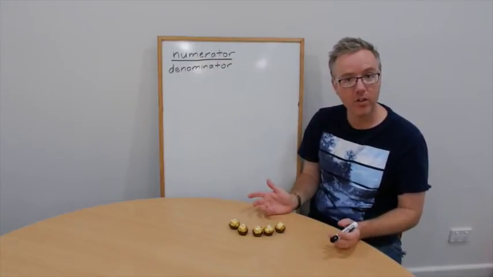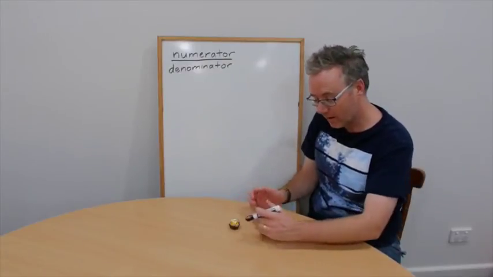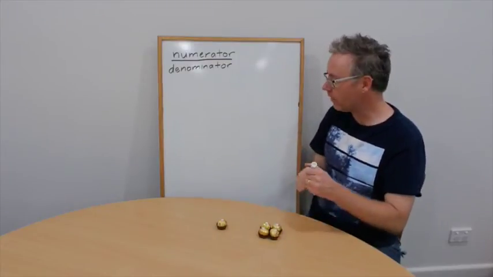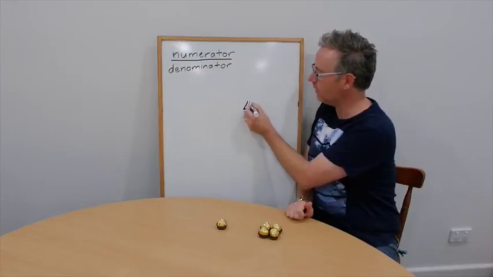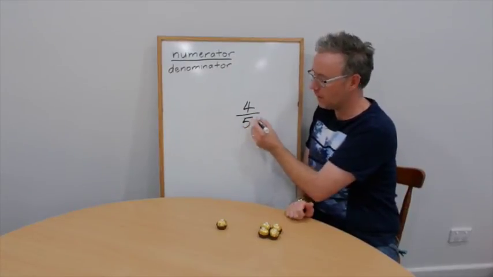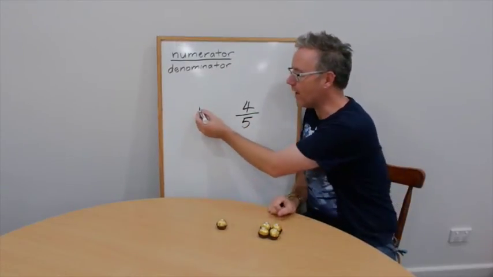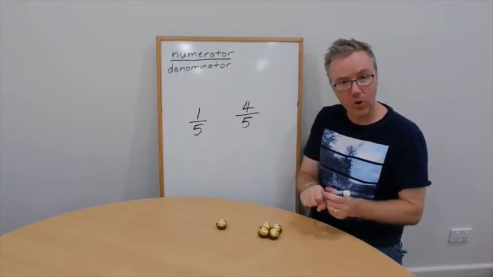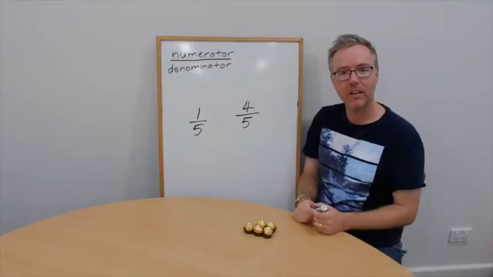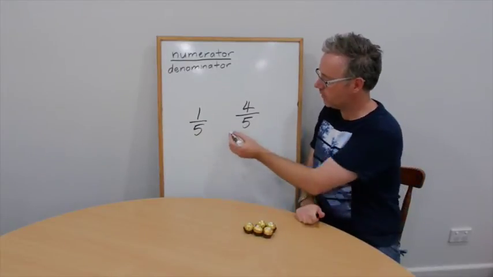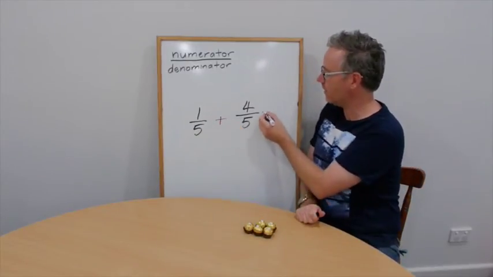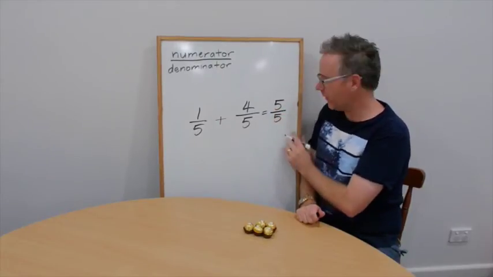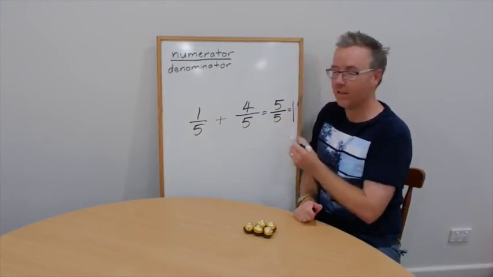And again, we can group that. In this group, we might have 4 of the total 5 on this side, and on this side, we have 1 fifth. Of course, altogether is 1 whole. So if we added those together, we're going to have the 5 fifths, which is 1 whole.